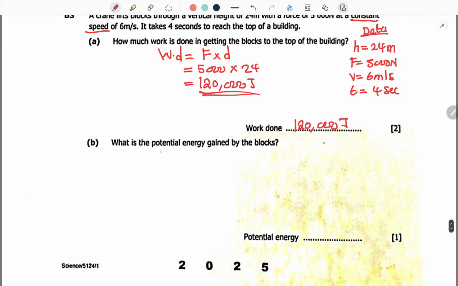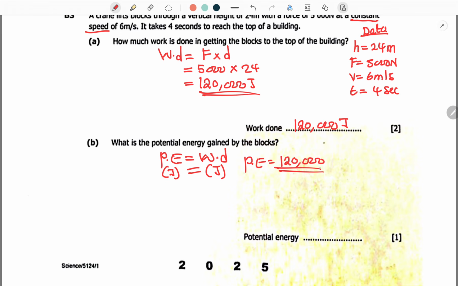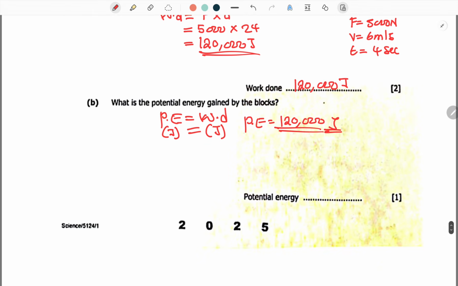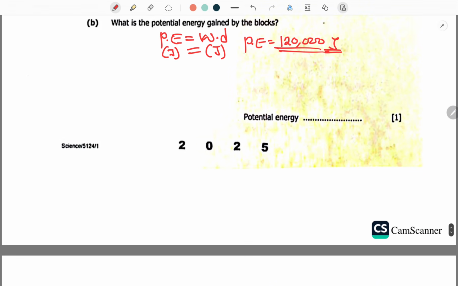At a constant speed, your potential energy is equal to your work done. How? Potential energy is measured in joules. Work done is also measured in joules. When the speed is constant, your work done is equivalent to your potential energy. So in this case, your PE will still be 120,000 joules. Possibly the reason why they give it 1 mark. So this is going to be 120,000 joules.